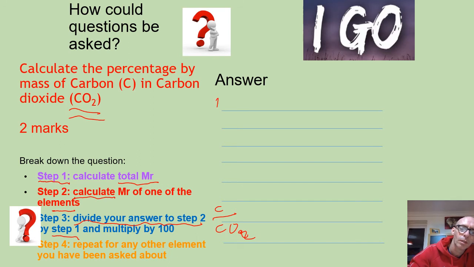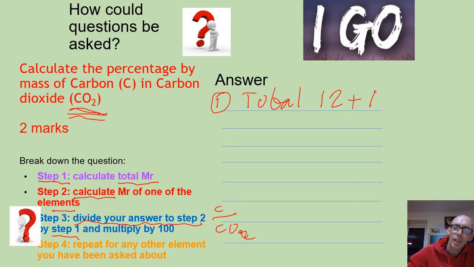Step one, you calculate the total. So the total in CO2 is 12 plus, no it's not, silly me, 12, go back to my rubber, 12 plus 16 for oxygen, but there's 2 of them, so I have to do a plus 16, equals 44.